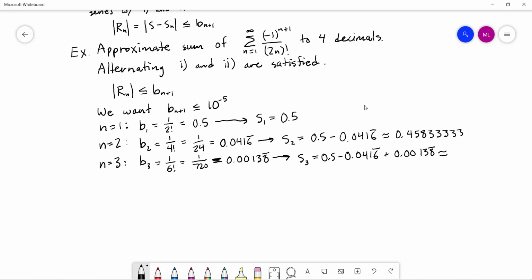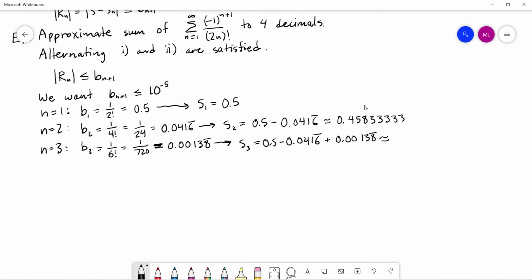Sorry, taking a minute on the calculator here. So I want this one plus this one, hit enter, and I get about 0.45972-ish repeating.